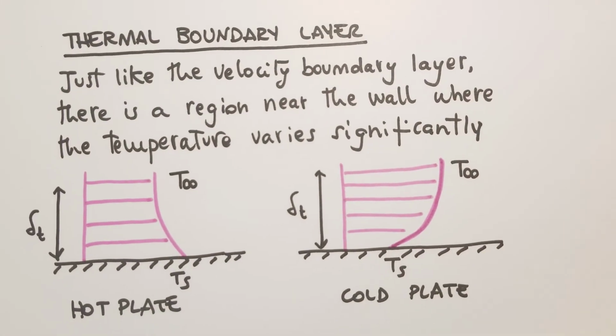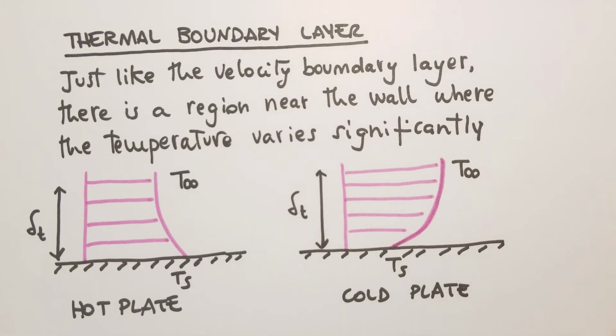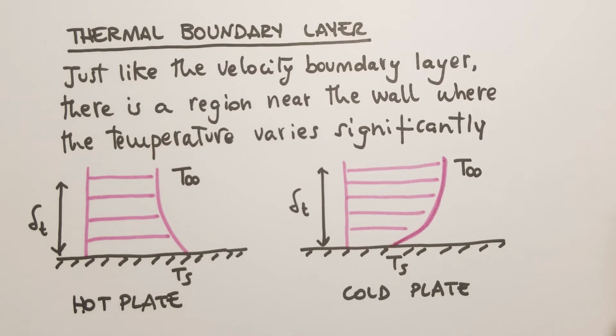So we now have clear in our mind what the velocity boundary layer looks like. In the same way, we can define a thermal boundary layer. For the velocity boundary layer, we define the region near the wall where velocity gradients are important, whereas the thermal boundary layer is the region near the wall where temperature gradients are important.